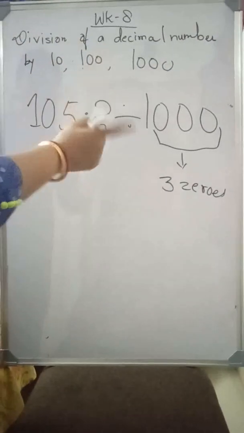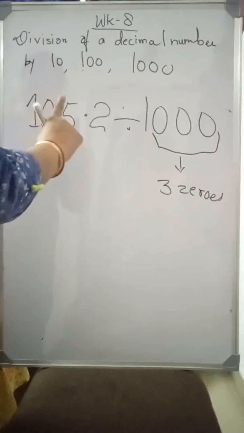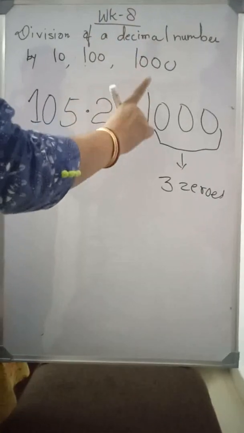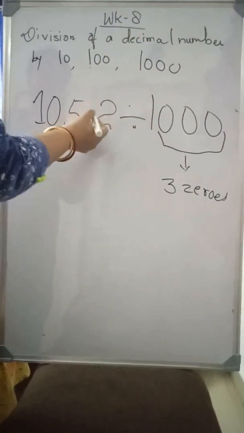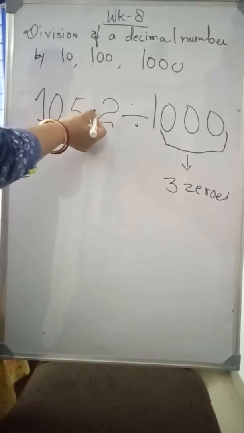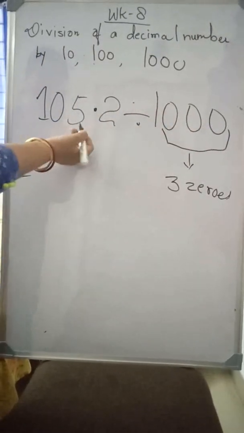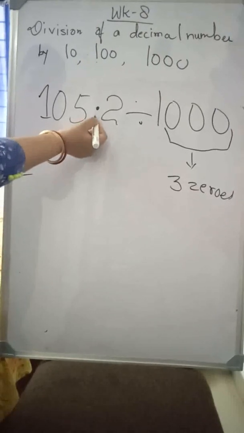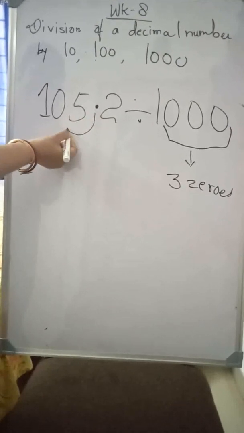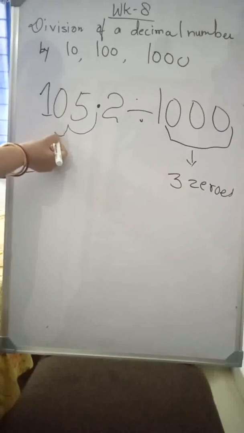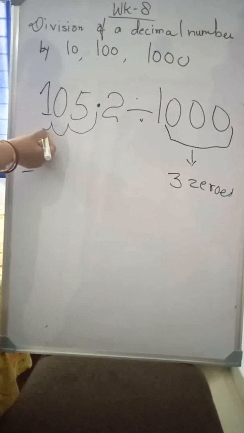Now remember that whenever a decimal number is divided by 10, 100 or 1000, the decimal will shift how many places? 1, 2, 3. So from right to left, this decimal point will shift. It takes 1 jump and 2 jump and 3 jump.